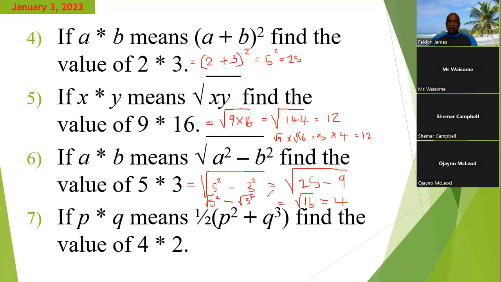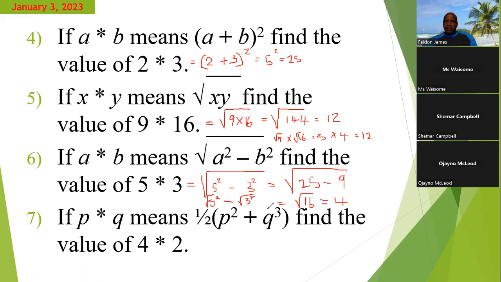All right, so let us see what that is. 5, 5, 25, minus 3, 3, 9. So that would still give you 16.